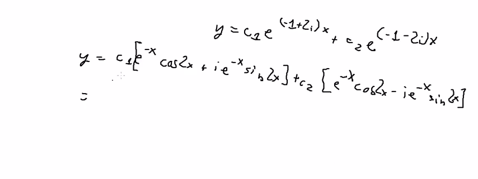And now we need to combine this one with this one. And C1 with i, C2 minus i, we combine together.